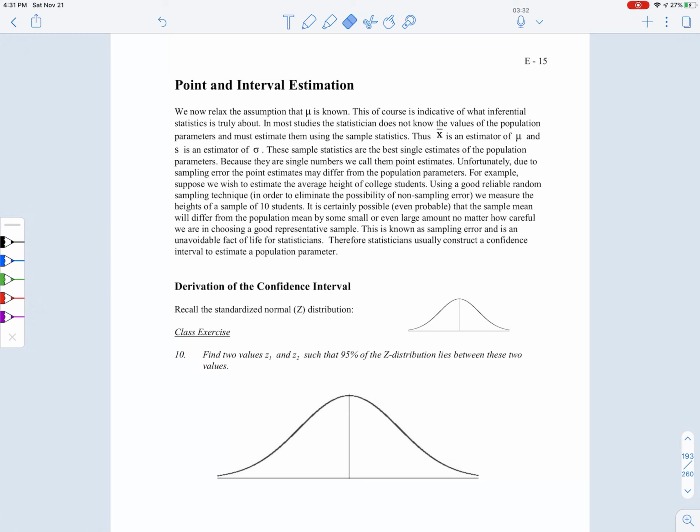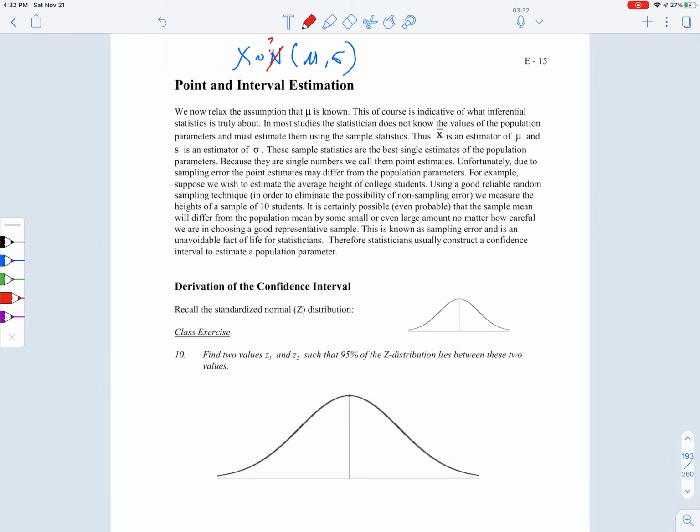Now, let's go back to what we were talking about last day. We said that this is the kind of problem that we have been dealing with in Unit N, where x is normally distributed with a mean equal to mu and a standard deviation equal to sigma. And then we said, well, what if we don't know that the population is normally distributed?